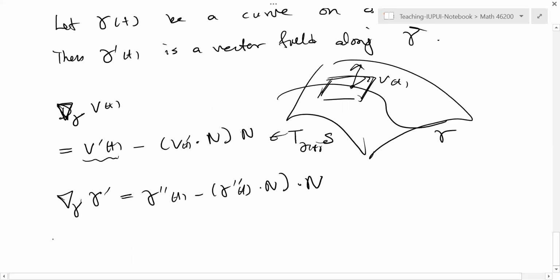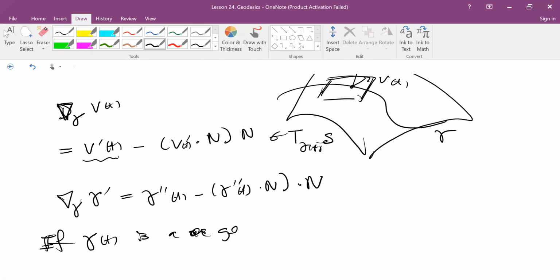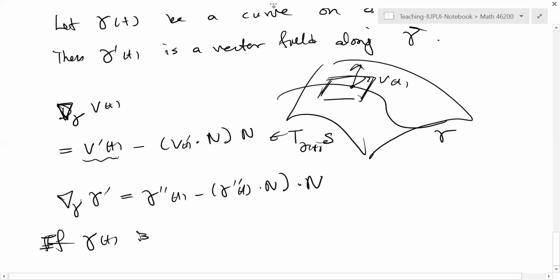So for a geodesic, if gamma prime of t is a geodesic, what do we get? The covariant derivative.